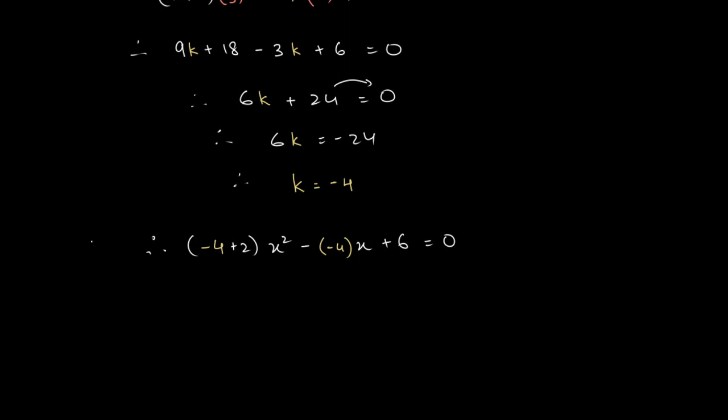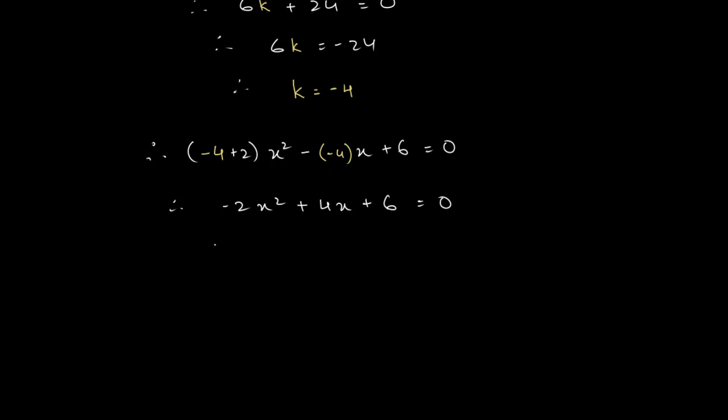Okay, so let's simplify. Minus 4 plus 2 is minus 2, so minus 2x square, minus minus will make it plus 4x, and plus 6 is equal to 0.